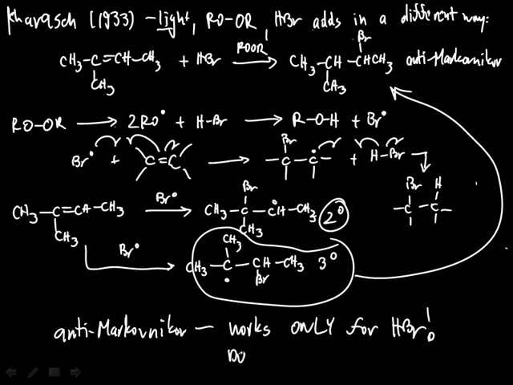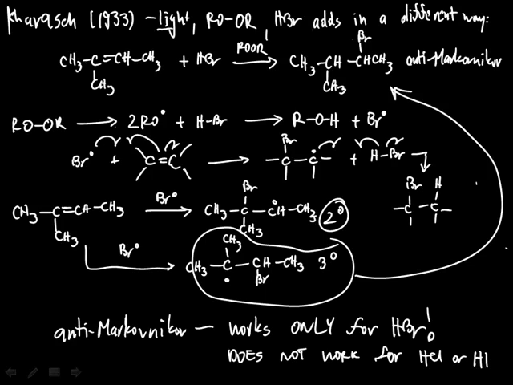So that means that it does not work for HCl or HI. Okay? So to sum this up, we can add HCl, HBr, or HI over the double bond by ionic addition, and that will place hydrogen onto the less substituted carbon and bromine, iodine, or chlorine onto the more substituted.